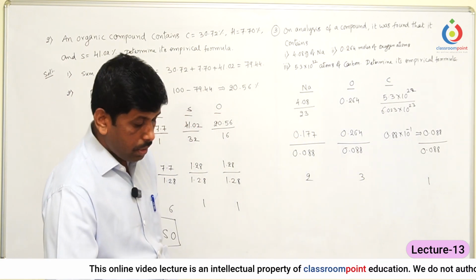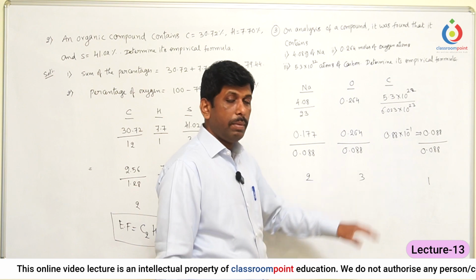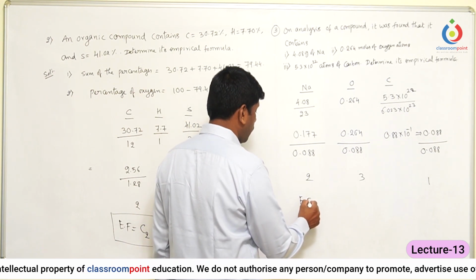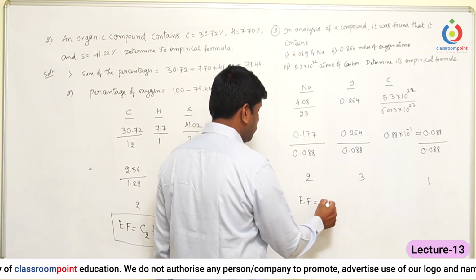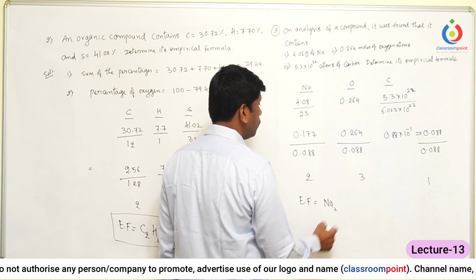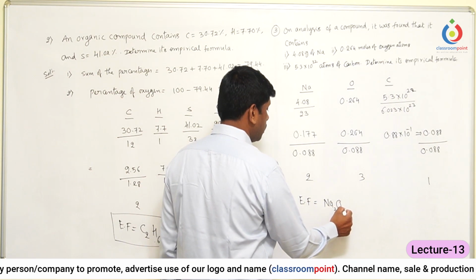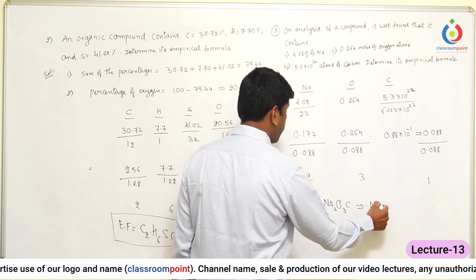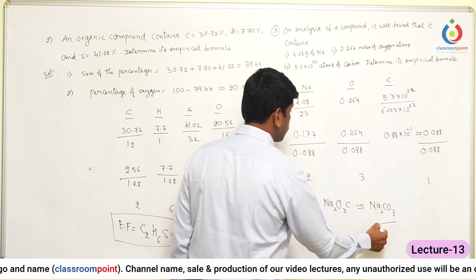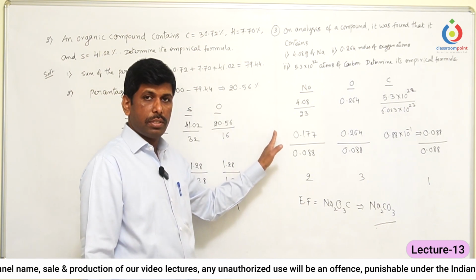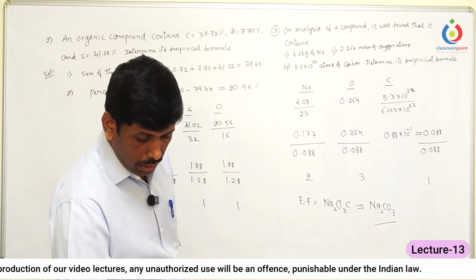So we got the simplest ratio of the elements present in the given compound. So the empirical formula of the compound: how many atoms are there? Let us see the sodium. 2 sodium atoms are present, Na2. 3 oxygens are present, and 1 carbon is present. So this can be written as Na2CO3, the empirical formula of the compound. Let us see another question.